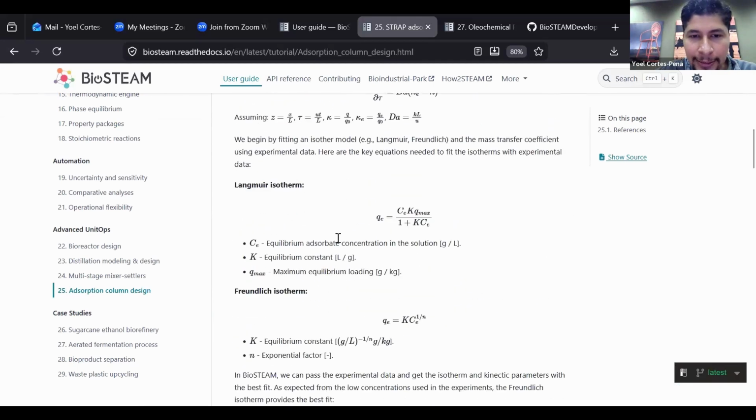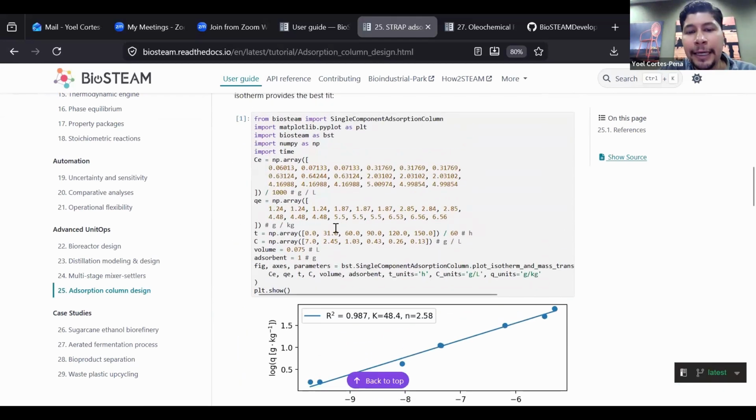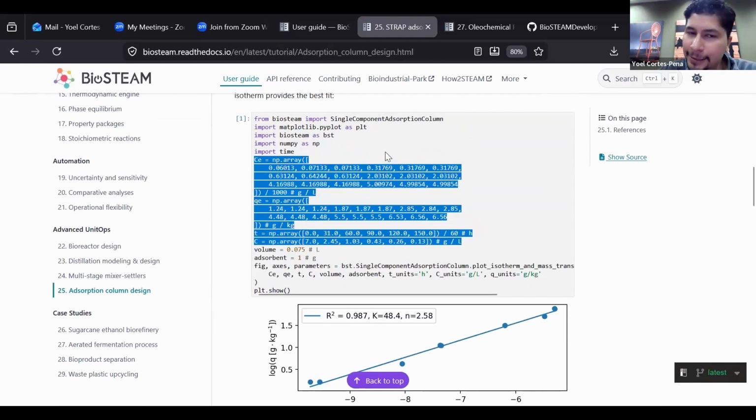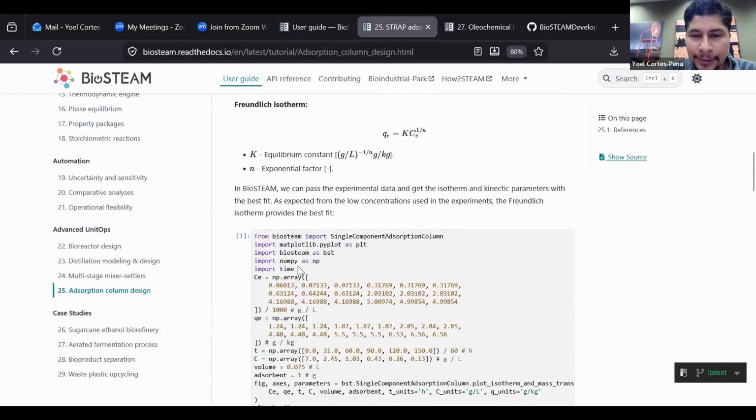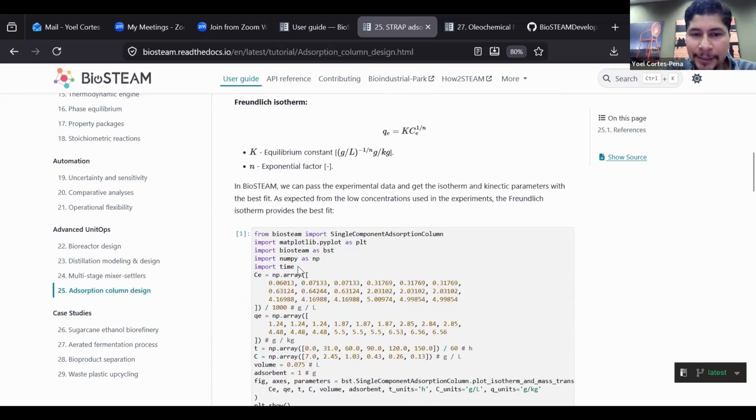And what you need to get is just the data. And you can get that data not necessarily using a fixed bed experiment, right? In fact, we don't use fixed bed experiments to collect this data. So what you need is two types of experiments.